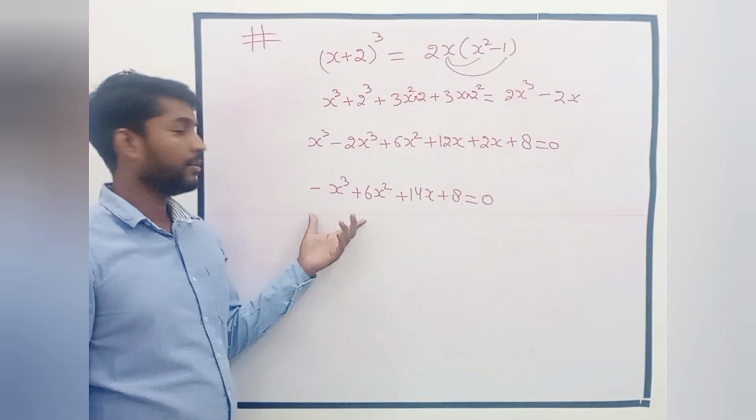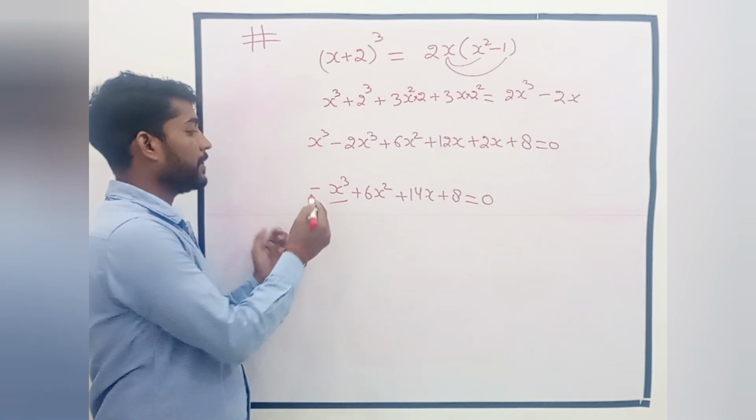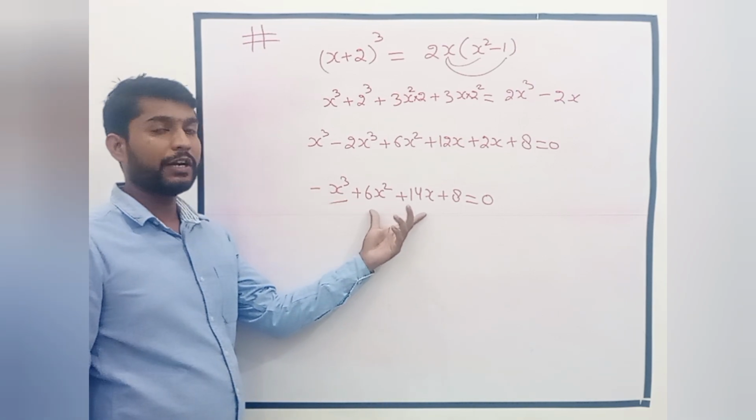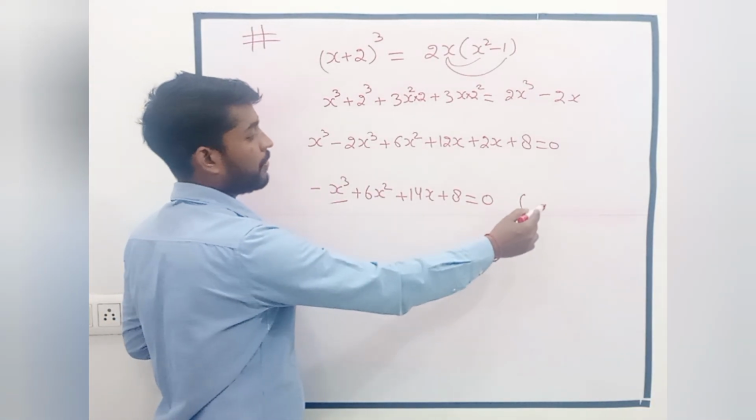And here we can see that the maximum power of x is 3, and this term is not making this equation a quadratic, so this is not a quadratic equation.